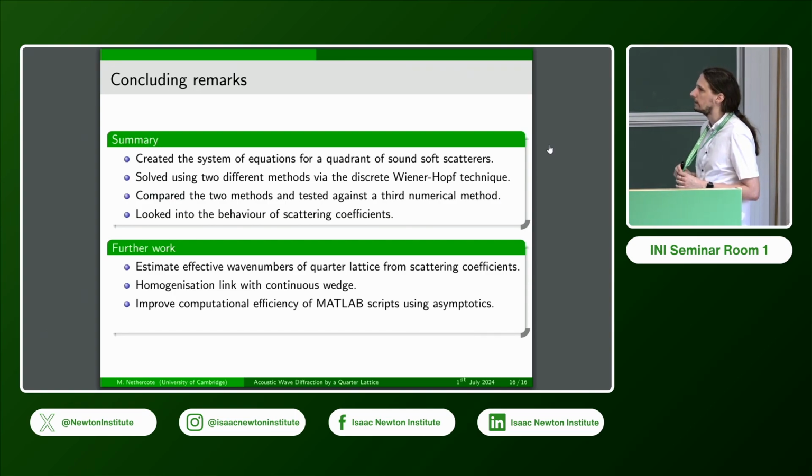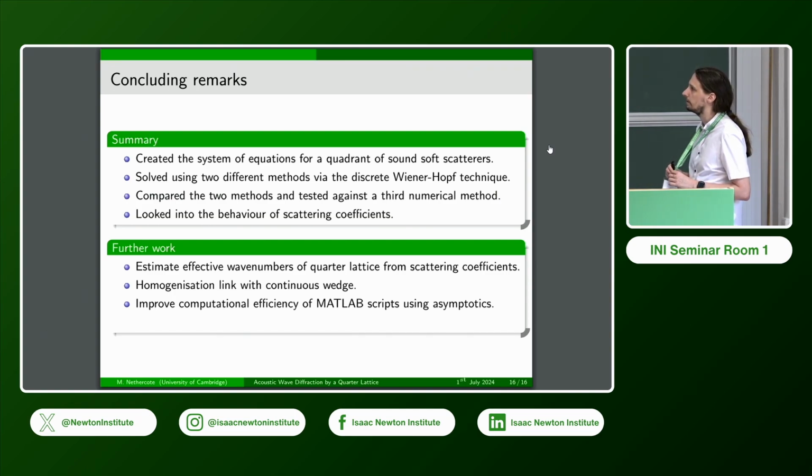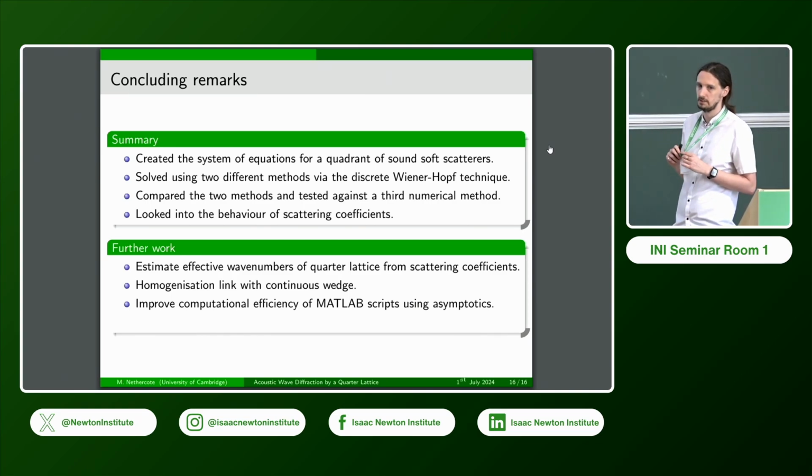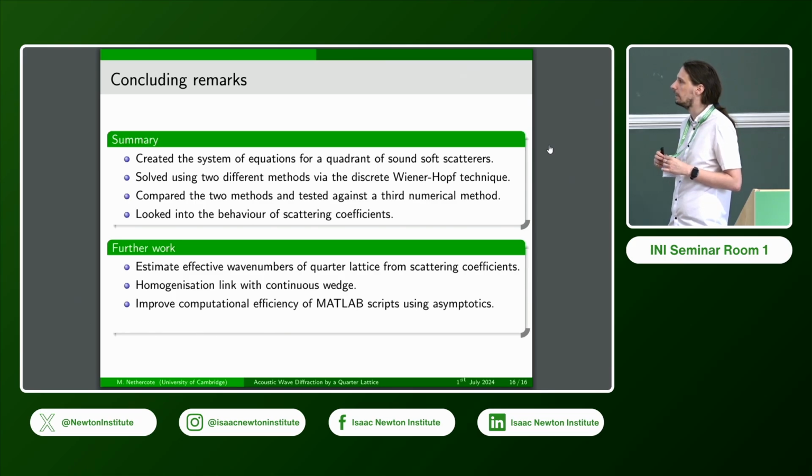I also think that the MATLAB scripts that we use for this new method can be improved. Right now it's not optimal, and it shows because, of the three methods, this new one is the slowest. But I think there are ways to improve its efficiency using asymptotic expansions.